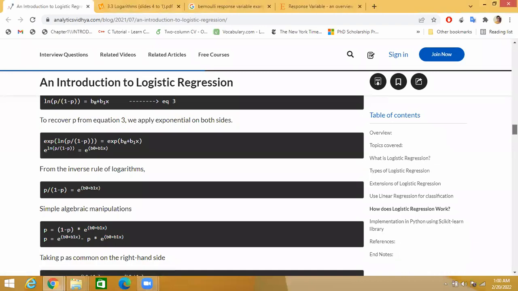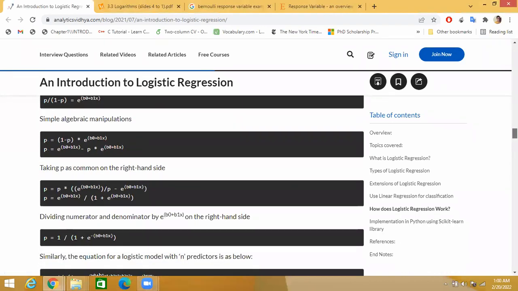Now we are applying simple algebra, simple calculation.